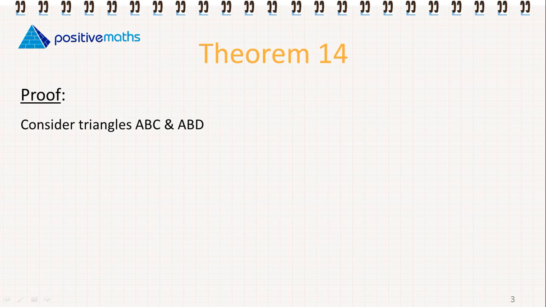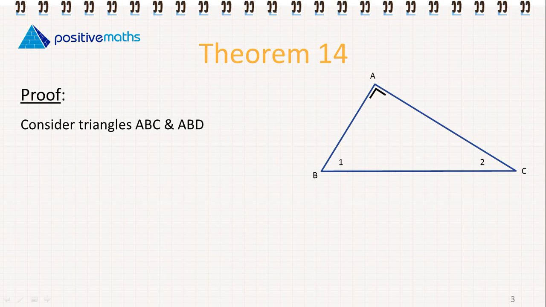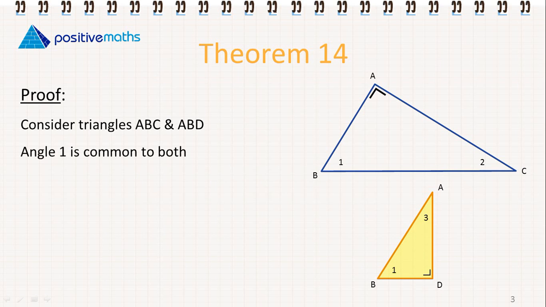So the proof. First of all, we're going to consider the angles in triangles ABC and ABD. This is the main big triangle and one of the smaller triangles. Angle 1 is common to both.